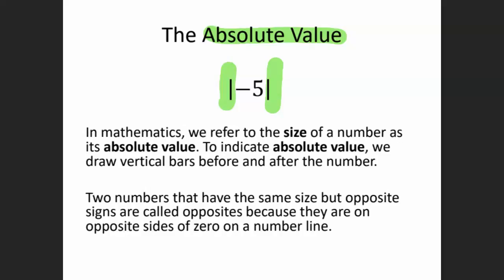Now, we refer to the size of the number as its absolute value. That means we are looking for a number that has a distance from 0. So if you see the phrase distance from 0, that is how absolute value is thought of.